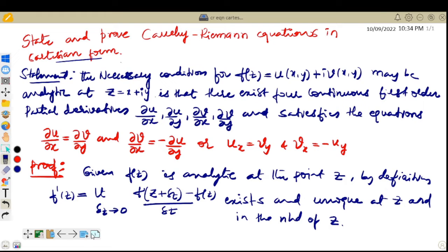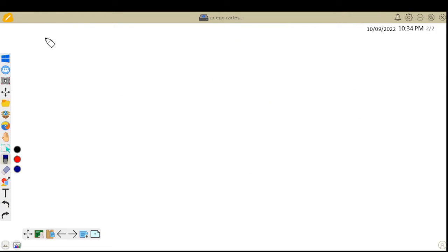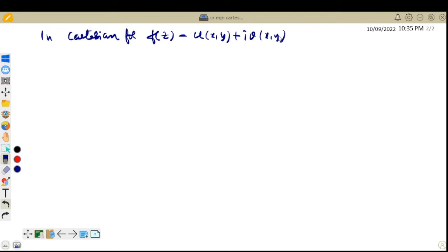Now, in Cartesian form, we are going to take f(z) = u(x,y) + i v(x,y).